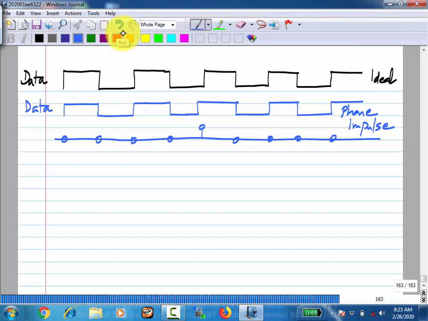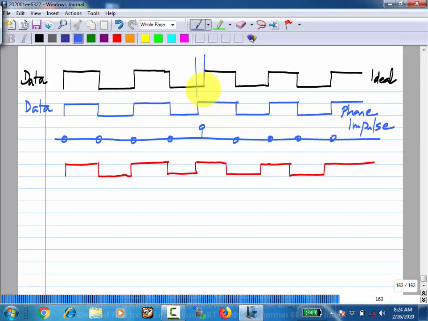So what will be a phase step? So you will start with the edges being aligned, and then this edge advances, and after that all the edges are advanced by the same amount. Like that, right? So this was the amount of displacement over there. Let's say this is phi p, so that will be phi p.